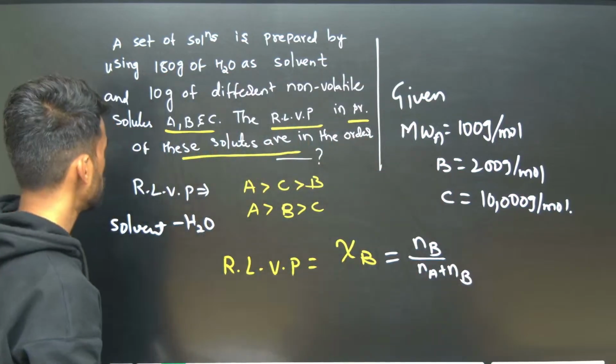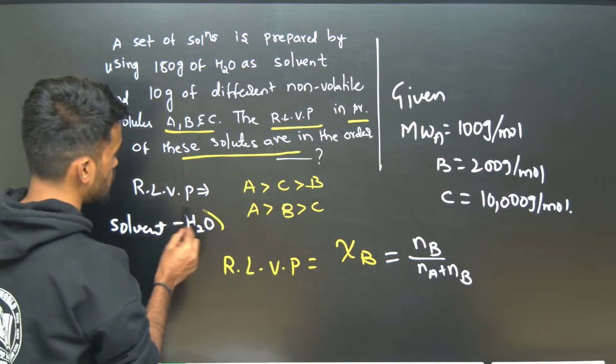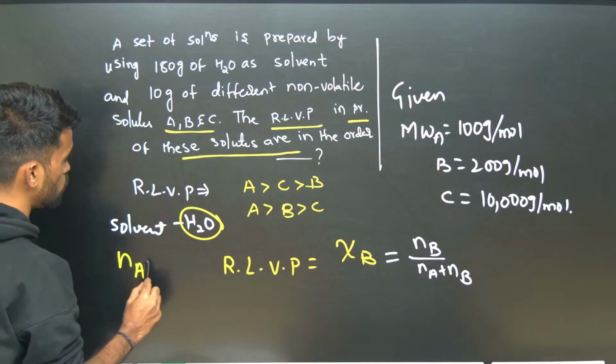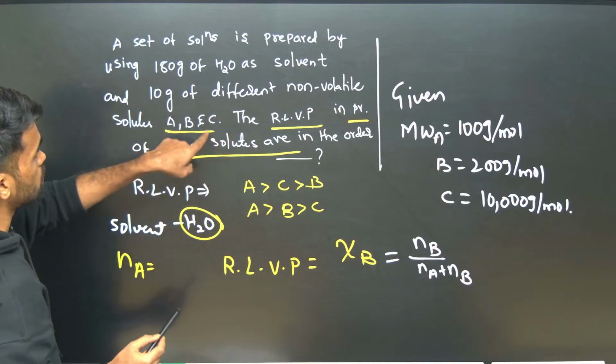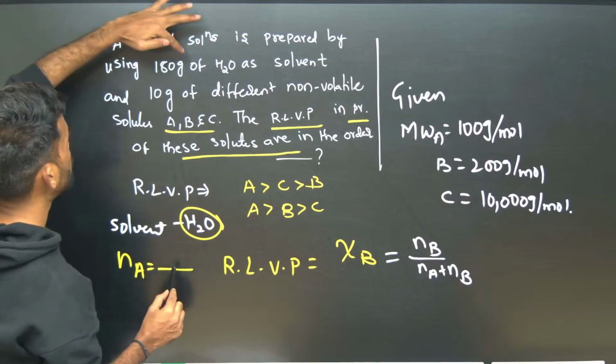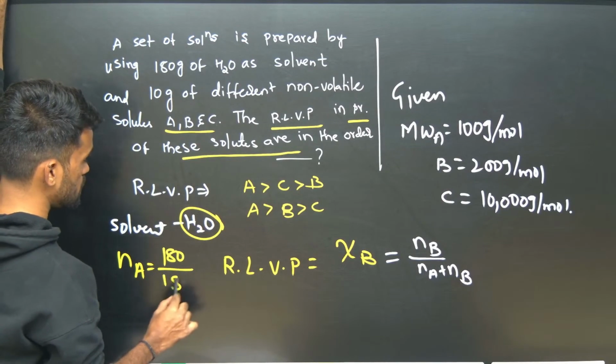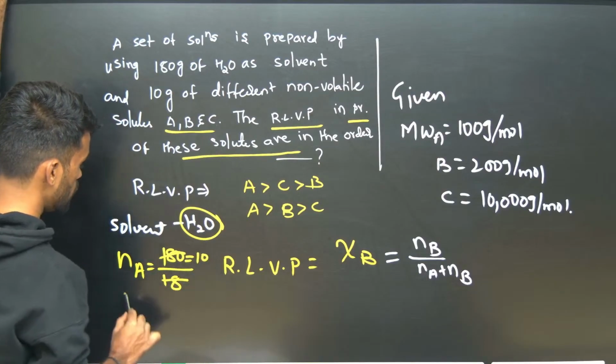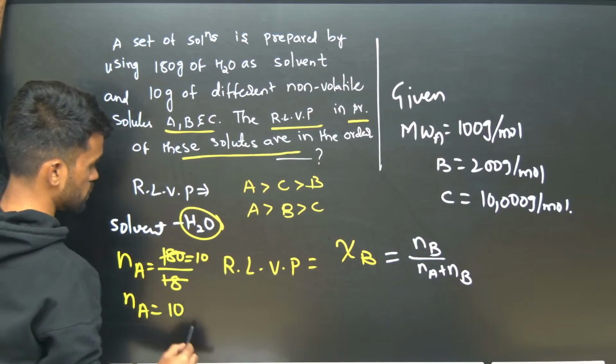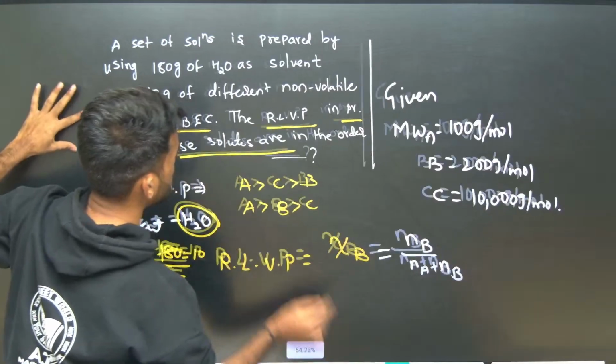Here nA, number of moles of solvent, given weight is 180 grams and its molar mass is 18, so this will be 10 moles, whereas nB will be something different.